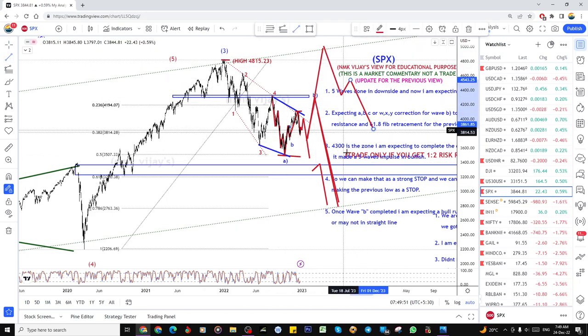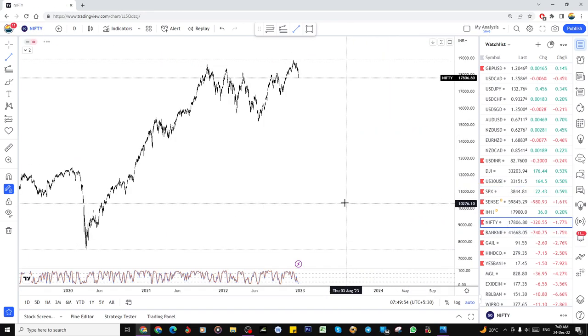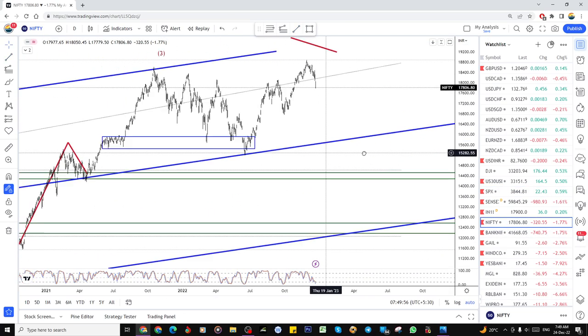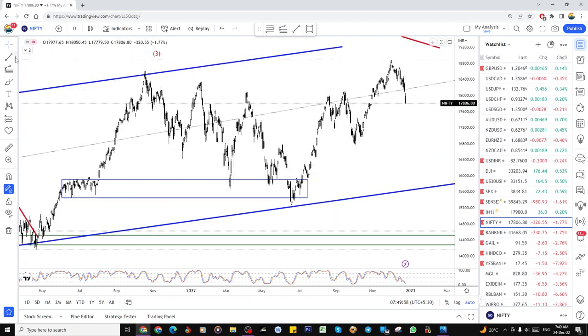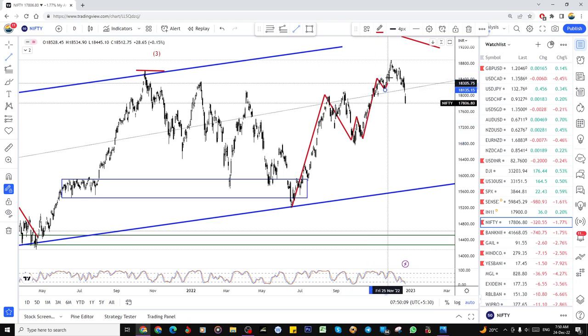Why I'm expecting this is the Nifty. Look at this. I already informed, if it breaks the previous high also, I'm expecting for the low. It did the same. A, B, 1 2 3 4 5.